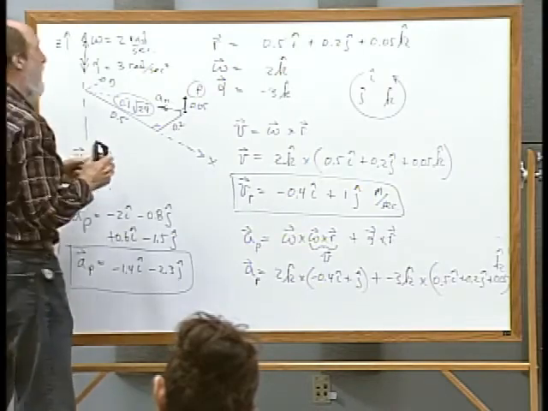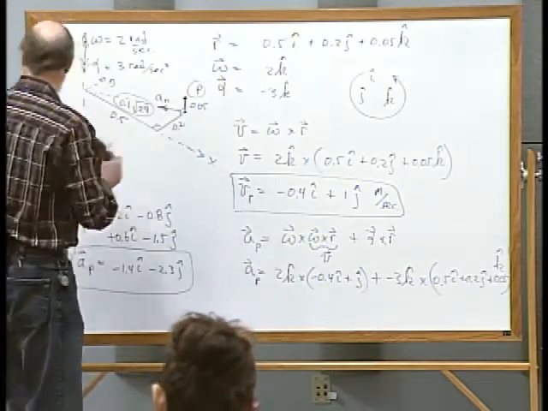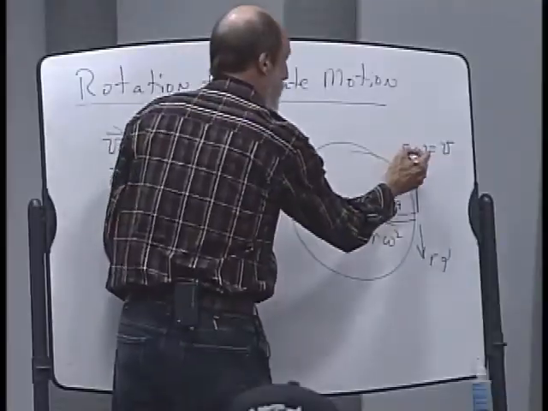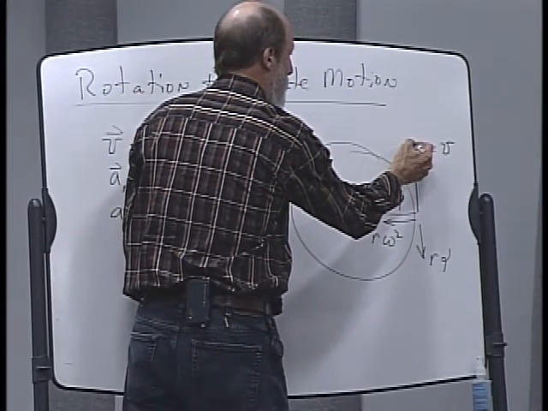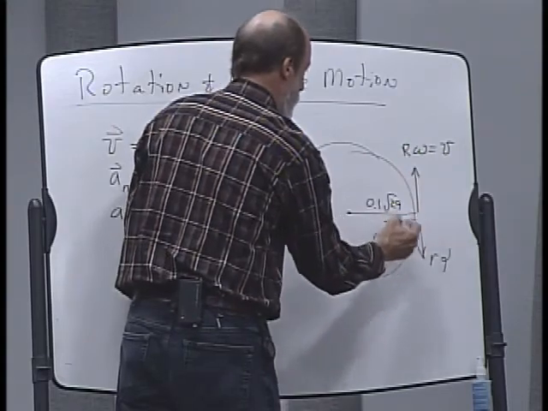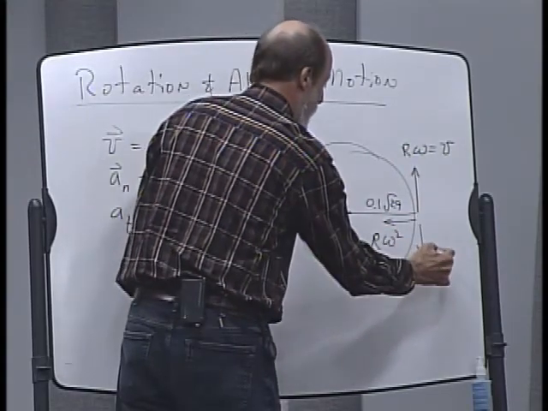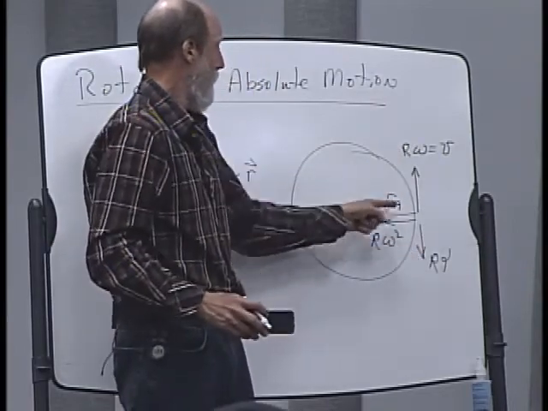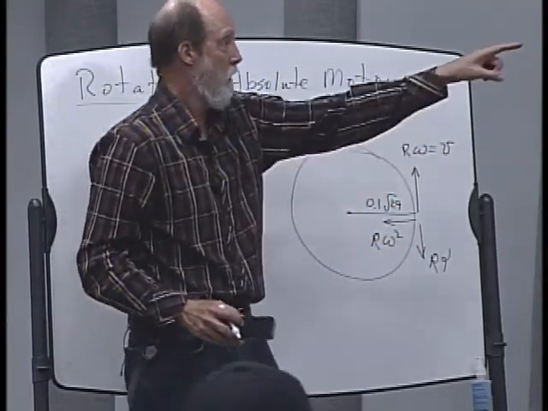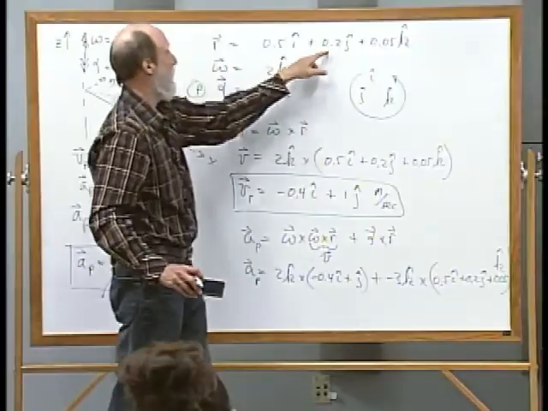So to do this, I should tag this R. Maybe I should call this an effective R in the plane of the rotation. So let me call that a capital R so you don't confuse this R with the magnitude of this 3-component vector.